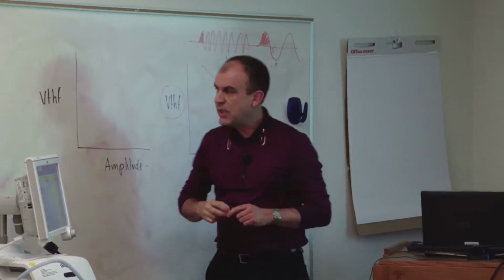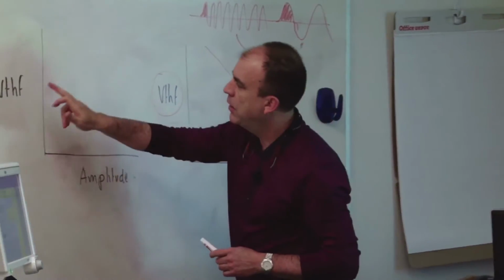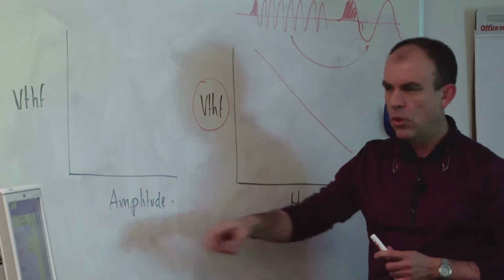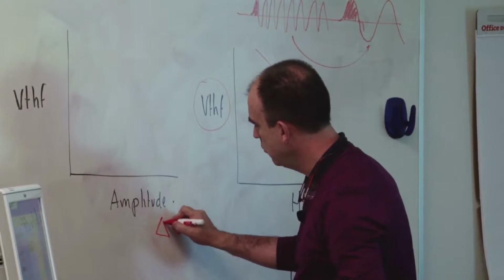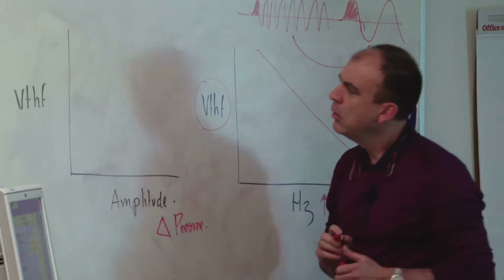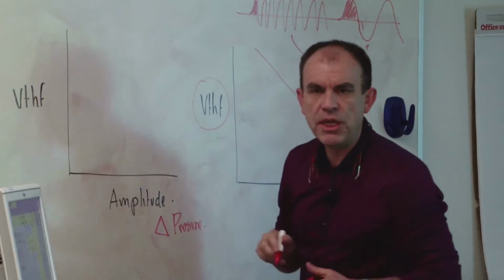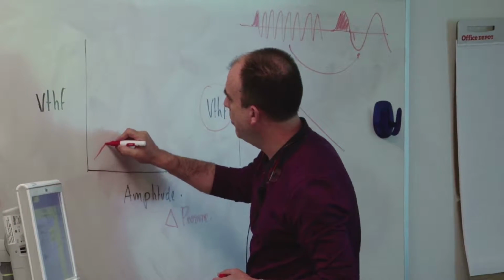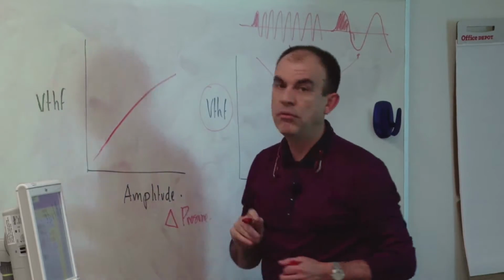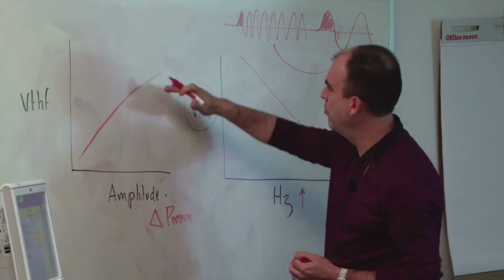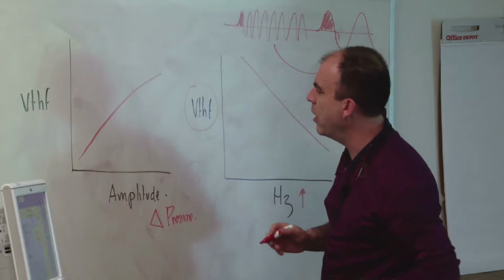If we start seeing what happens with the relationship between amplitude or delta pressure and VTHF, then we will see a direct relationship in, for example, the Sensormedics, until there's a threshold, evidently. There's a moment where this doesn't keep going up.